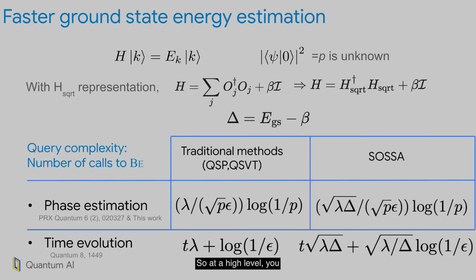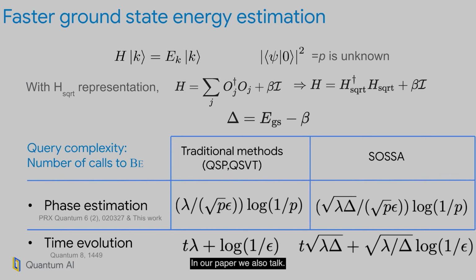So at a high level, you have this square root improvement from scaling with lambda to scaling with square root lambda times square root delta. For the case of phase estimation where your ground state overlap is 1, the cost is just going to be pi over 2 epsilon times lambda effective.